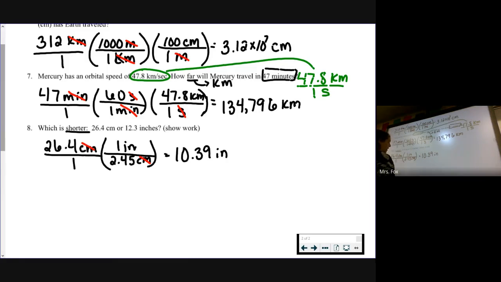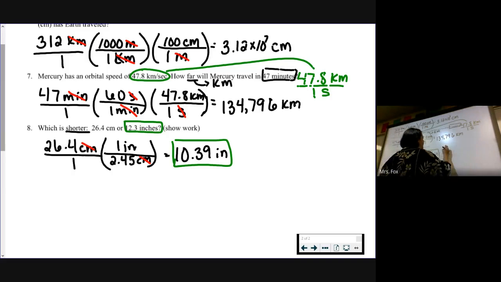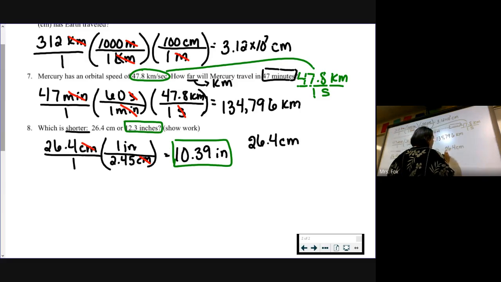So now that I have the numbers in the same unit of measurement, I can compare. I'm asking which is shorter. Well, 10.39 inches is shorter, but that's not the answer. The answer is 26.4 centimeters is shorter.